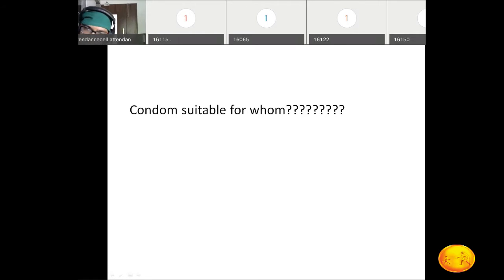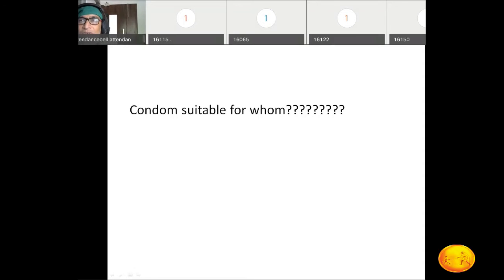What is the special advantage of a condom over OC pills? So now I'm asking you a very particular question. One is STD prevention. That had been discussed, because for CSW, commercial sex workers who are having multiple sexual partners, condom is the best one, right? What is the next indication for whom condom is the better one?